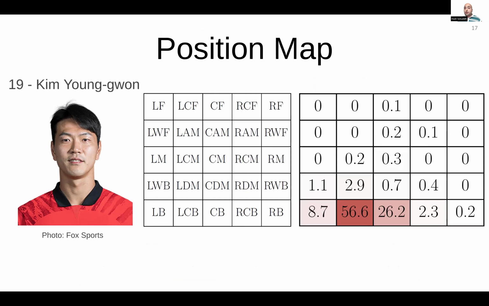So if we go over the whole match time series we saw, and compute what percentage of the match time we have observed him to be in any of these cells, we see number 19 appeared around 56% of the time in the left center back position, 26% of the time in the center back position, and around 9% of the time in the left back position. So this is how we can profile this player with this 5x5 grid occupancy matrix, which we call the position map.